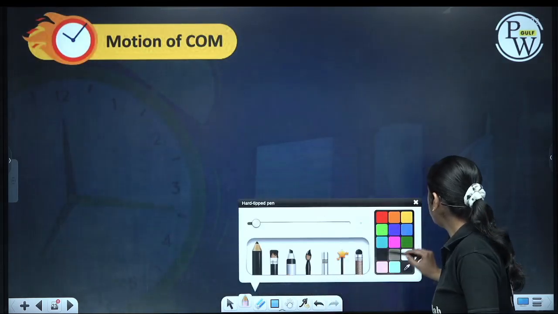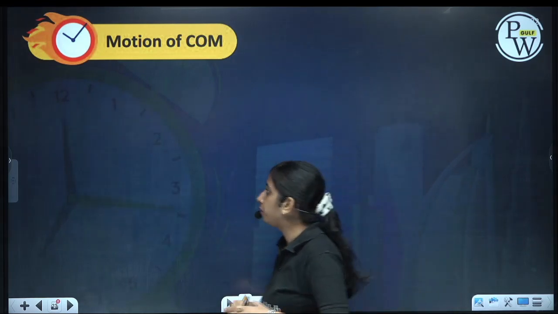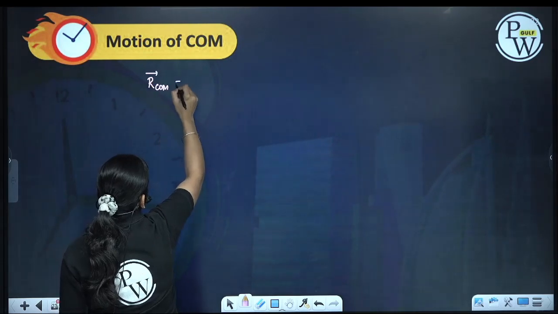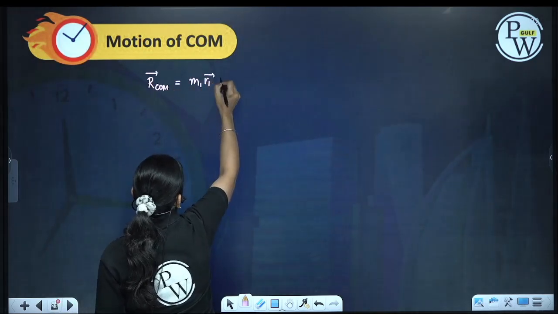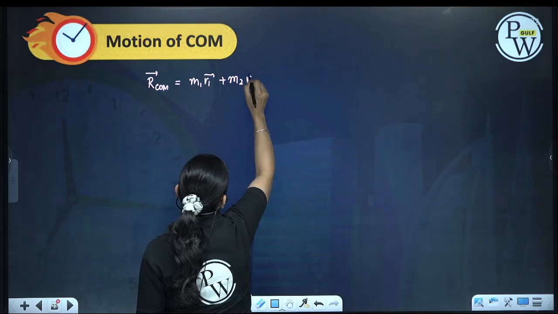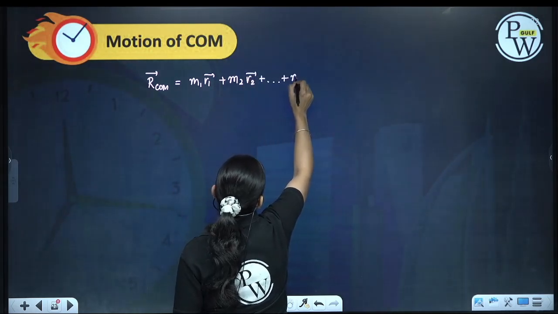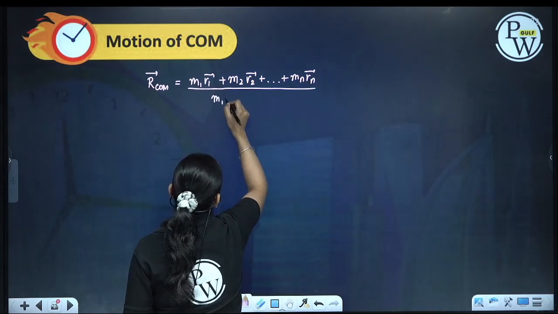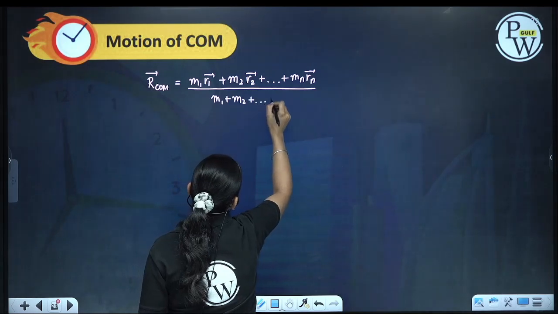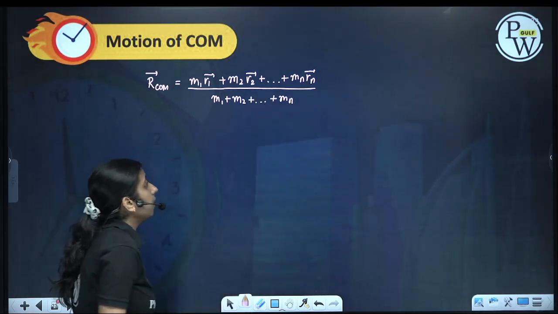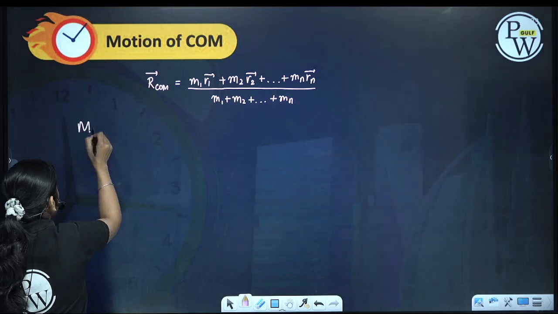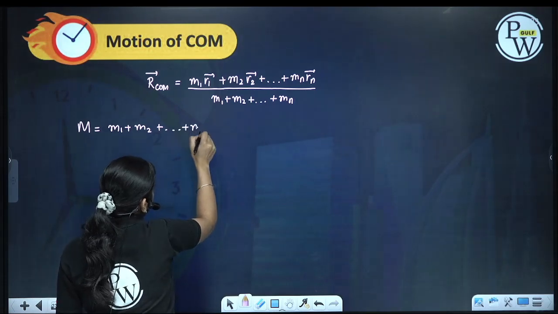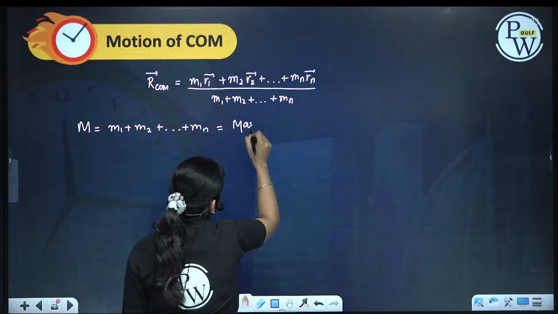Now let us come to motion of center of mass. Now we know that RCOM is given by M1 R1 plus M2 R2 up till so on Mn Rn divided by M1 plus M2 plus Mn. Now take M is equal to M1 plus M2 plus Mn, the mass of the whole system.